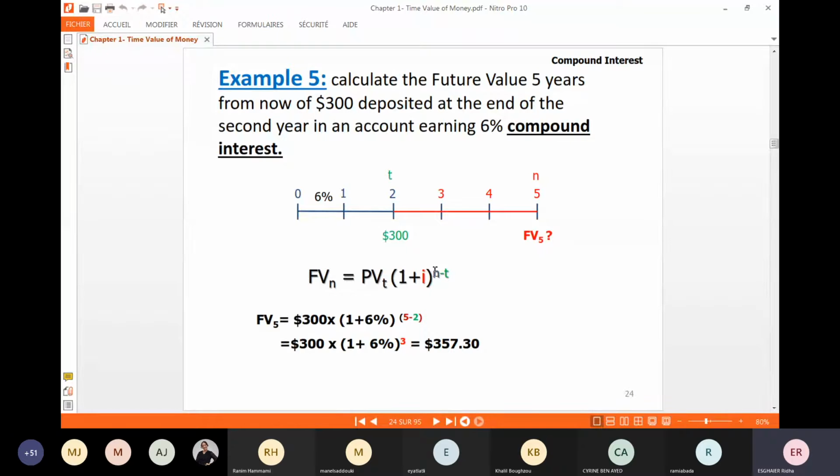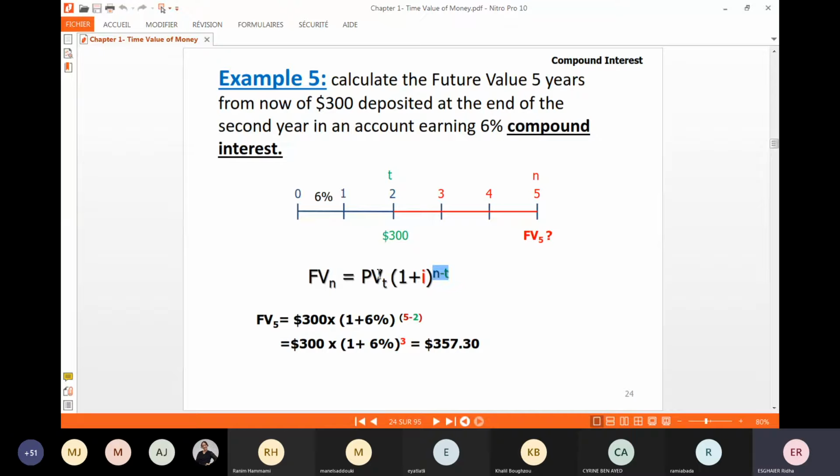The power n minus t represents the number of years of interest or periods of interest. In our case, periods are years. We can use this formula to compute the present value of an amount at date t, which is simply the future value at n divided by (1 plus I) power n minus t.